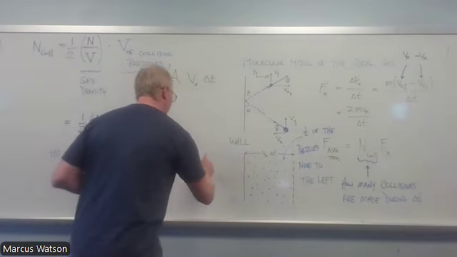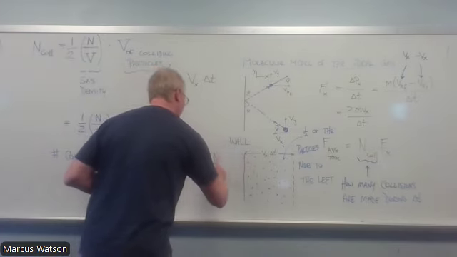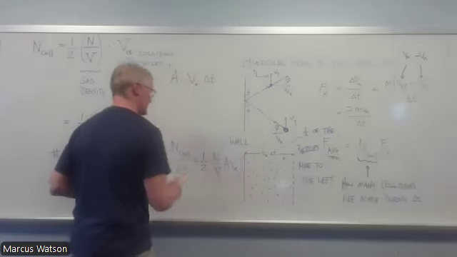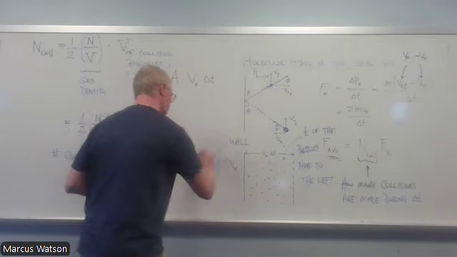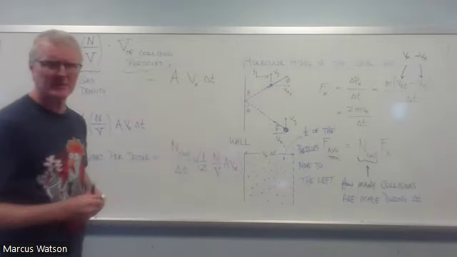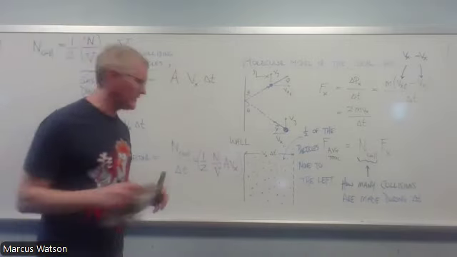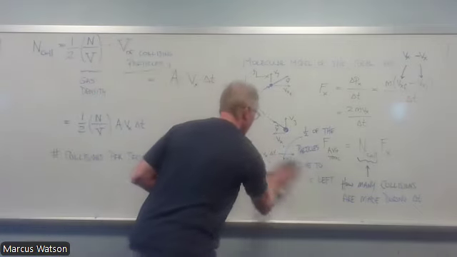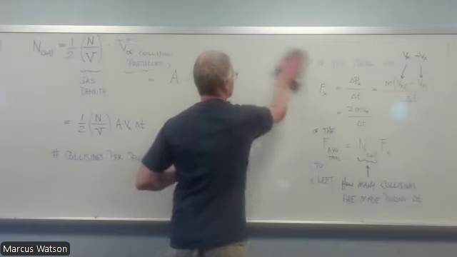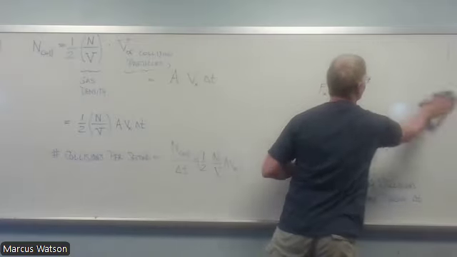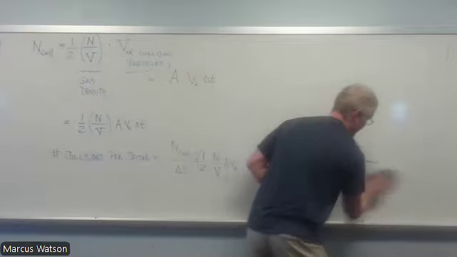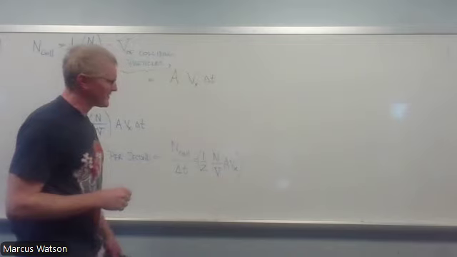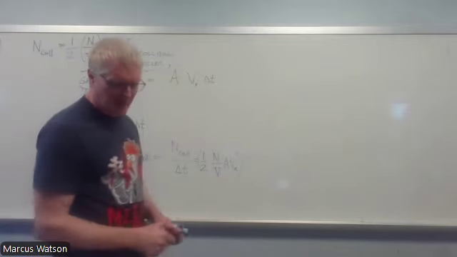And now it's equal to 1/2 N over V times A Vx. Put that in parentheses so you're not messing that up. All right, like this. Okay, good. So we're just going to erase this right here. Oops. Kind of wish I had left that up there because now I could remember what that was.